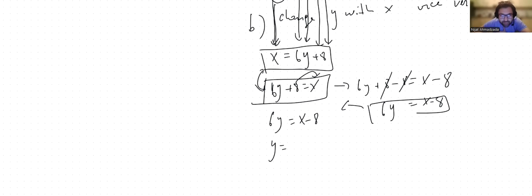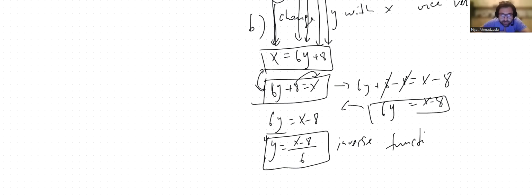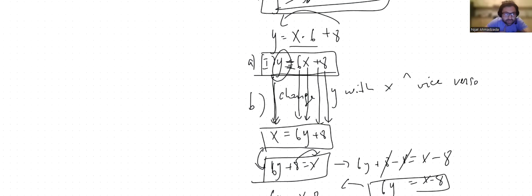Just divide everything by 6. We divided this part by 6, we got just y, and this part by 6. That's it. So this is the inverse function. This was part A2.